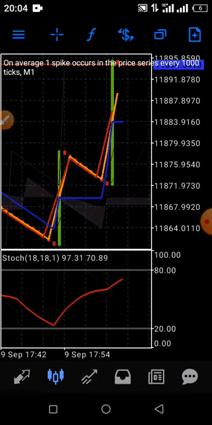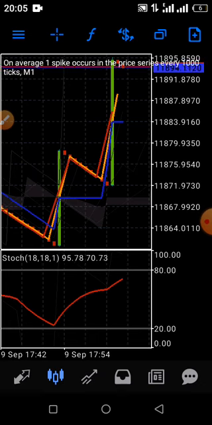When I gave my friend the improved Crossover Volume 2, he said it's working on Boom 500 and Crash 500, and I tried it on Boom 500 and Crash 500, and I discovered it's indicating I can trade spikes and I can trade a trend, but the only problem was consistency.